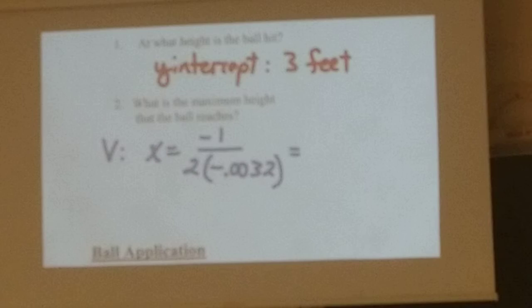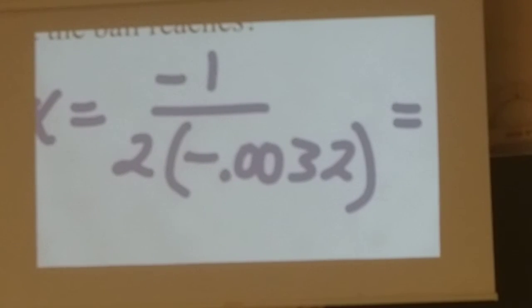Now be careful. This is the part in the lesson where you can just watch me, or you can actually do this on your calculator, but be careful. How do you type in negative 1 over 2 times negative 0.0032? For most of your calculators, kids, you're going to need to add these red parentheses, because your calculator needs to know that you're dividing by that entire denominator. Try it.